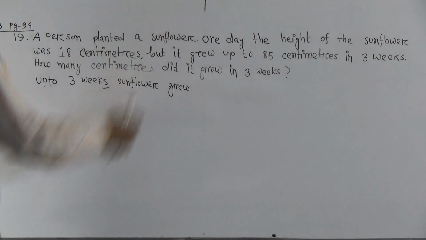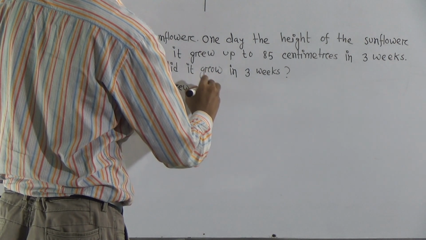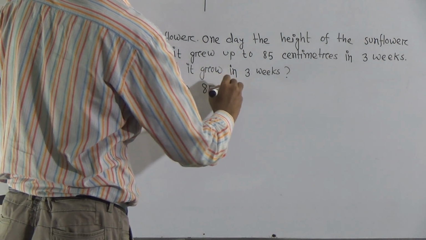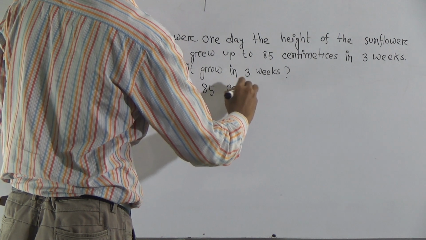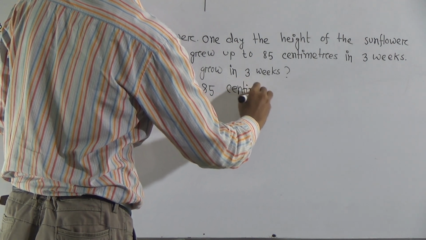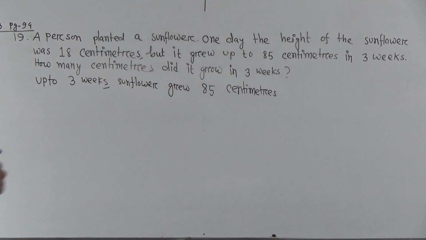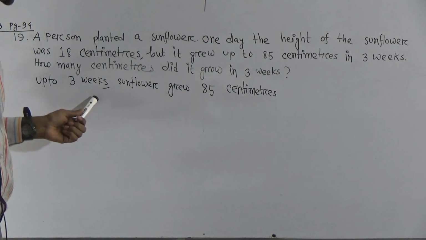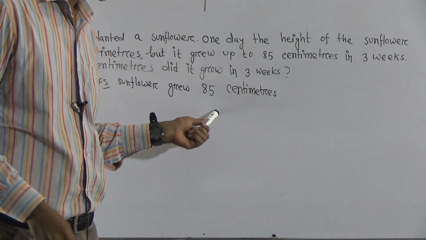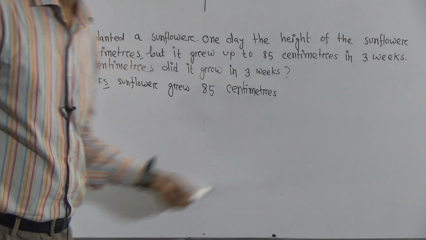You see how much? 85 centimeters. Right here, 85 centimeters. Okay, dear student, up to 3 weeks, sunflower grew 85 centimeters.